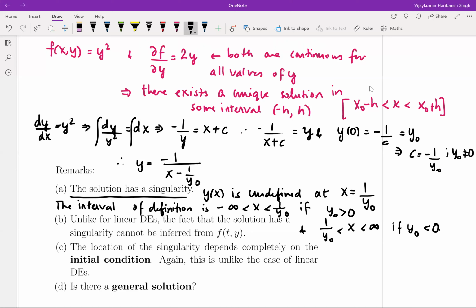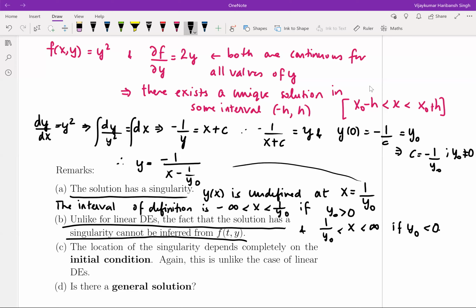Okay. Now, unlike a linear differential equation, the fact that the solution has a singularity cannot be inferred from f of y. So you see, this is what we were saying earlier, that it is slightly more complicated to discuss solutions of non-linear first order differential equations because they come with their own problems like that.